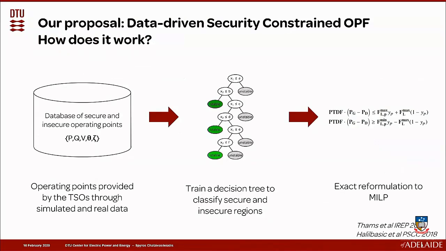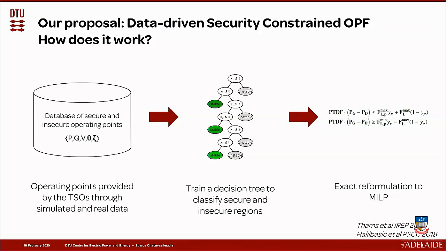And what we do here, the main idea, is the following. We have our database. We train a decision tree that tells us what is stable and what's unstable. And then we convert this information of the decision tree, which remember is an if-then statement, to conditional rules, which are binary and linear constraints. And this is what it looks like. So if we have done a good job training our decision tree, this is an exact reformulation.